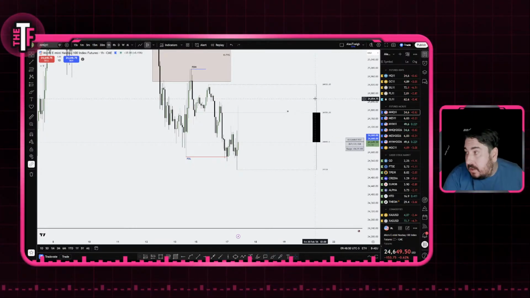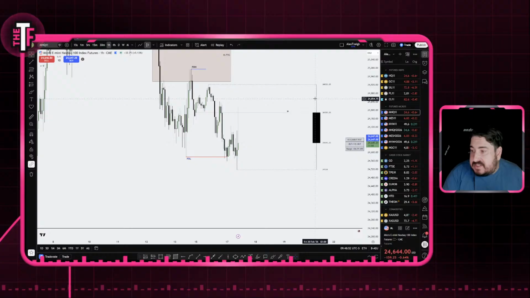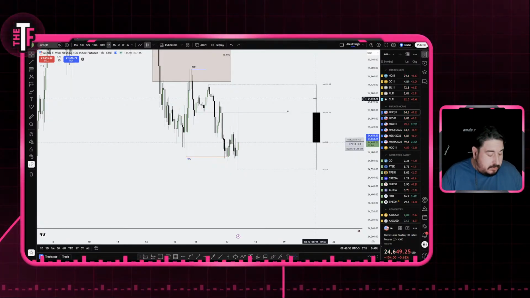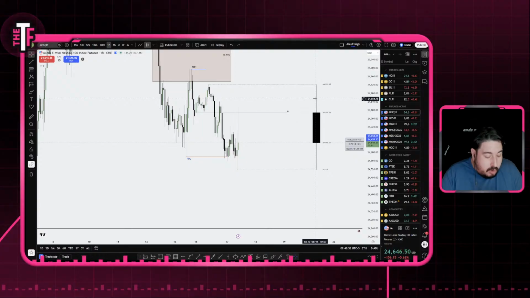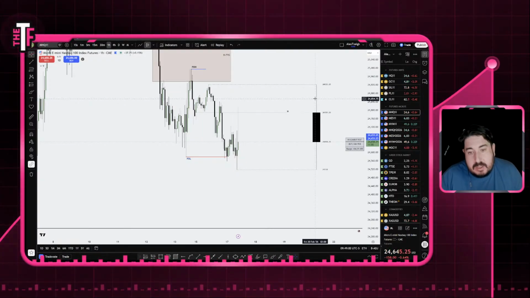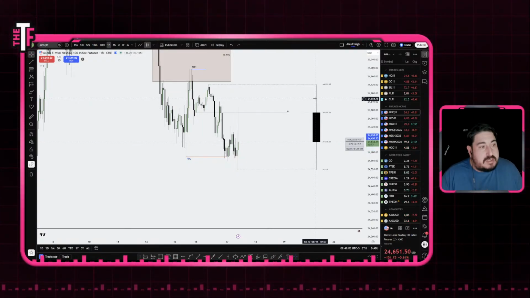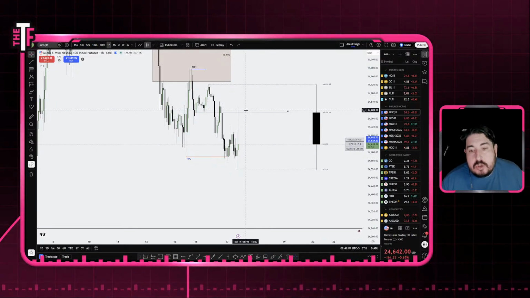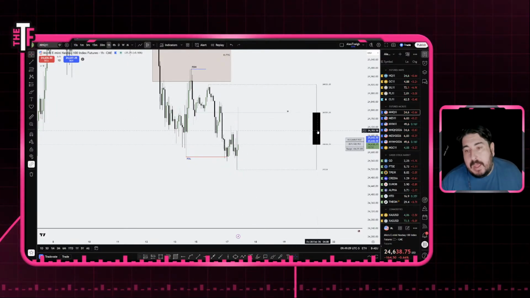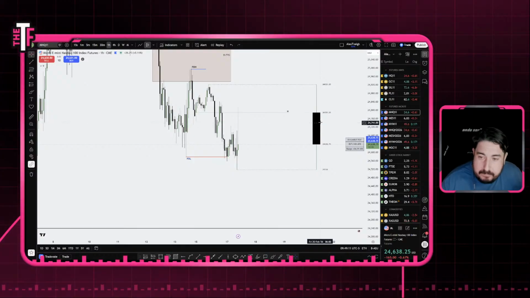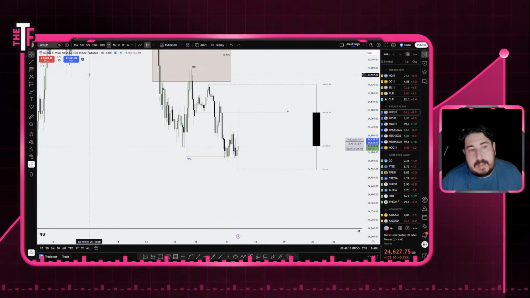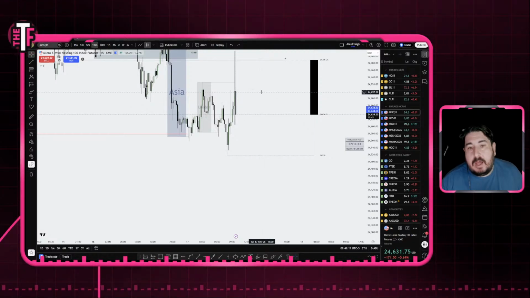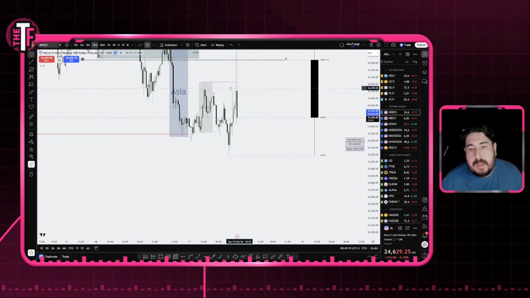For any questions, the statistics based on this edge have also included all holidays. So we have 82% probability that this candle will end bearish. So this means that I'm for sure bearish.